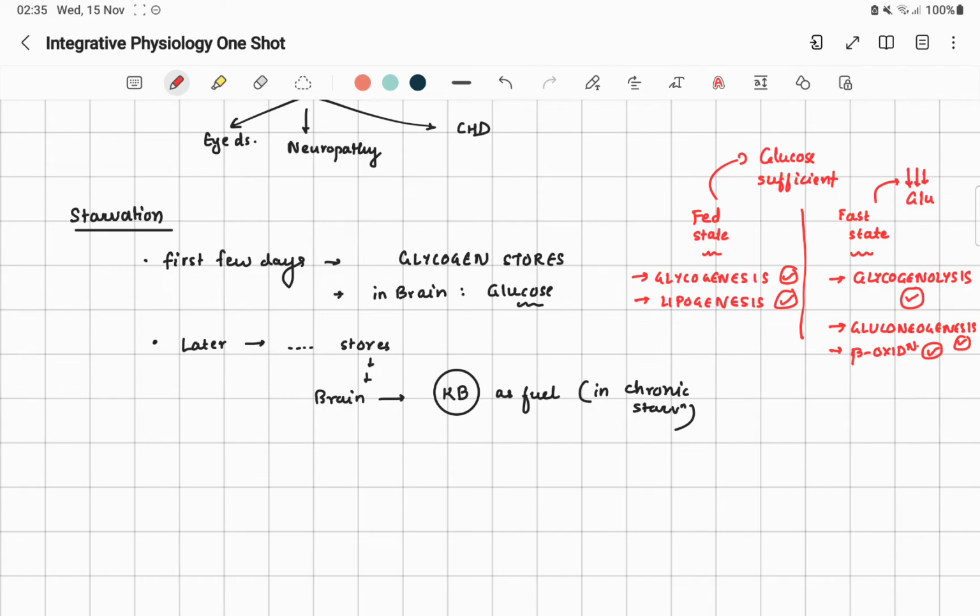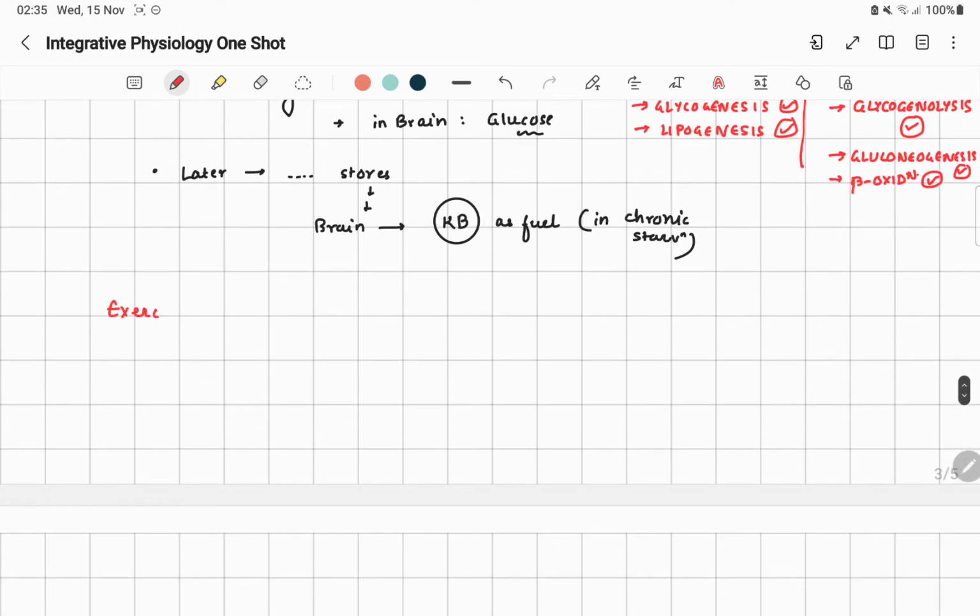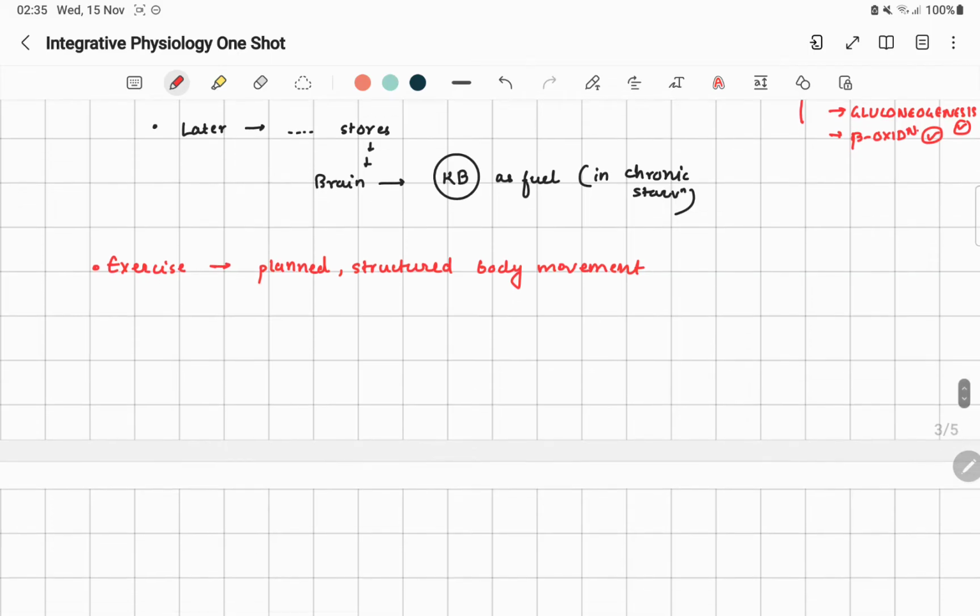But exercise is a planned, structured body movement which is aimed at maintaining and improving physical fitness.